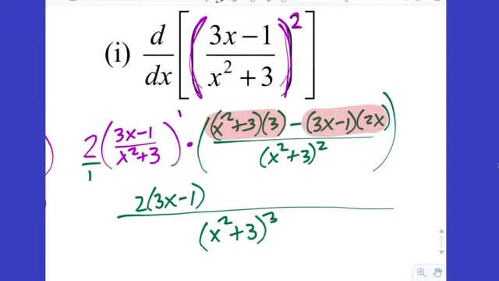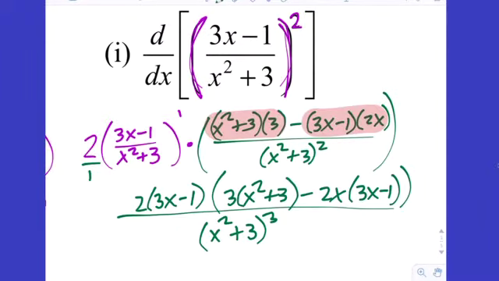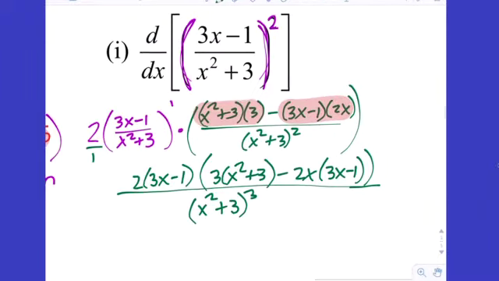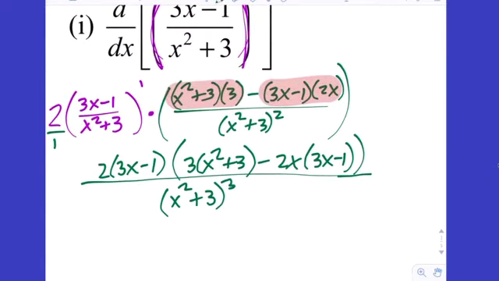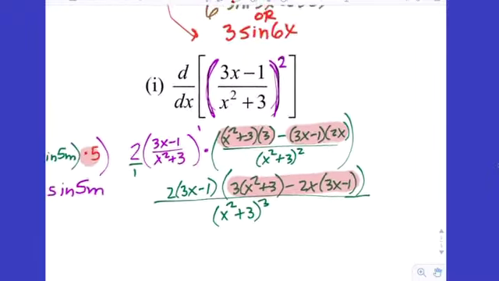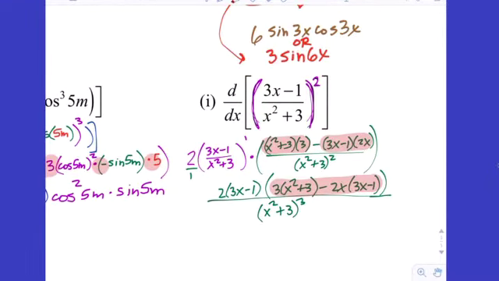No, not really. So I'm just going to write it as parentheses 3 times x squared plus 3 minus 2x times 3x minus 1. Close, close. And that's about as much as I'm going to simplify that one. You could, at this point, expand all of this inside there and collect like terms, but we'll save that for another day. We're practicing the derivatives right now.